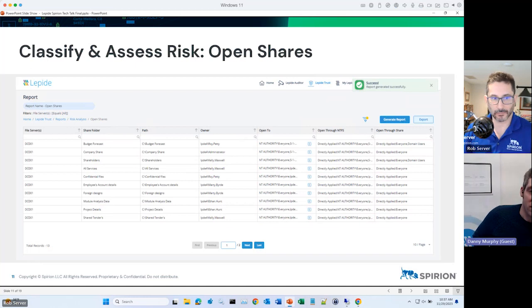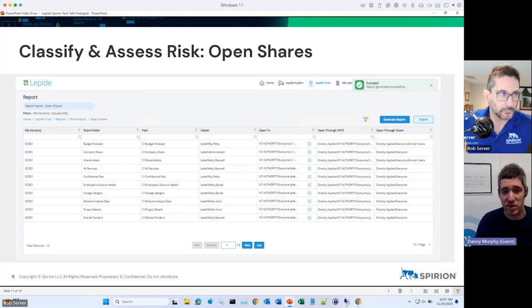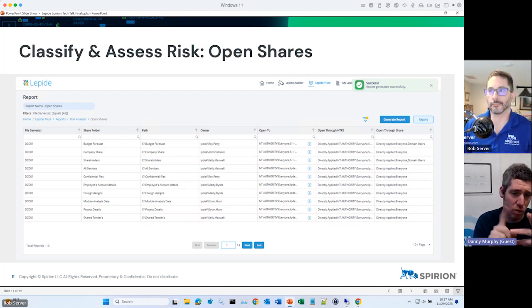Another way that we would obviously want to start with assessing risk, and this is probably right at the top really, is understanding where this data is overexposed at scale. So we're talking about open shares across the organization that are effectively open to anyone. This is a typical starting point when we assess risk after we've identified where our most sensitive data is, what it is.